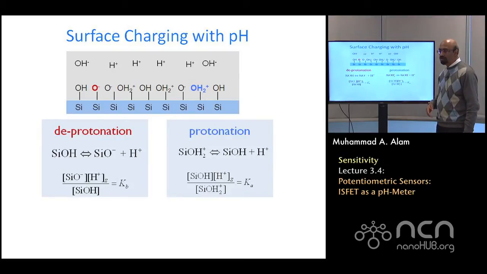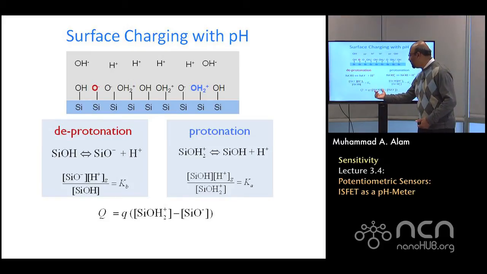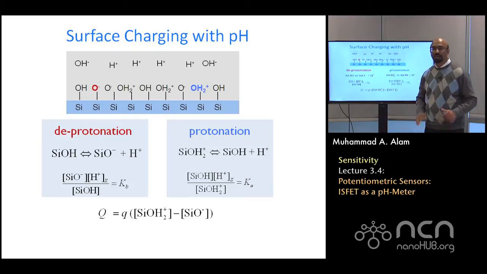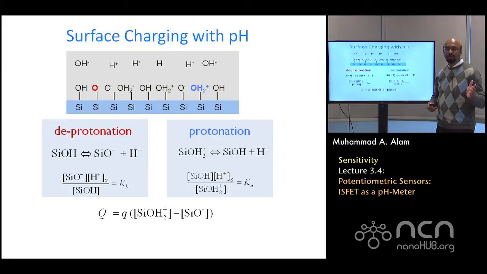The corresponding number is also measured and is called Ka. So if you know these two numbers, all I need to know is how many positive charges and how many negative charges, and my total charge is just completed. So I can calculate the total charge and say what is the charge that is sitting on the sensor surface, given a certain proton concentration, a certain pH of the solution.